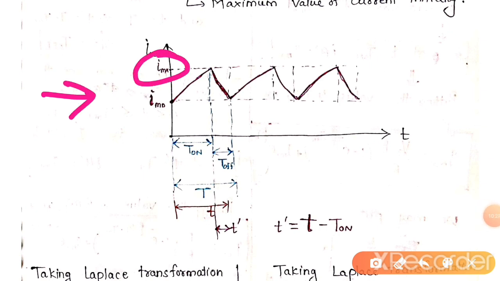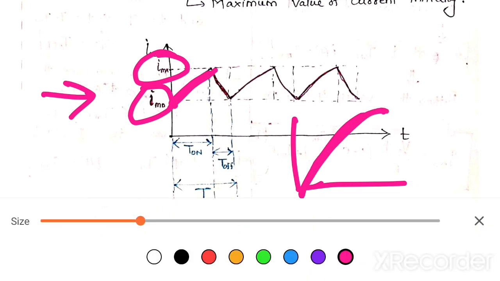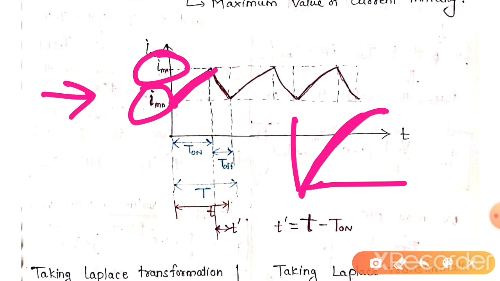This is the maximum value and this is the minimum value. During the turn on time, the capacitor is charging, that is why the current will rise exponentially, and during turn off period, the capacitor is discharging, so it will again discharge exponentially in this manner. So the profile of current looks somewhat like this.